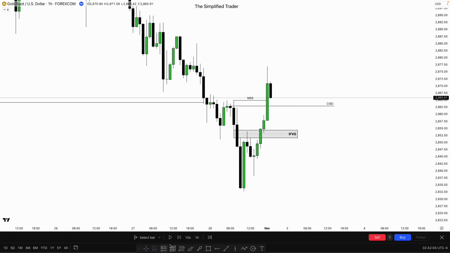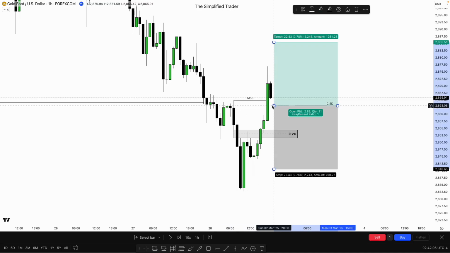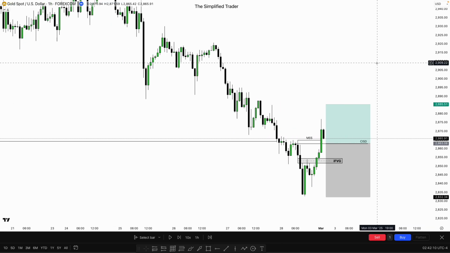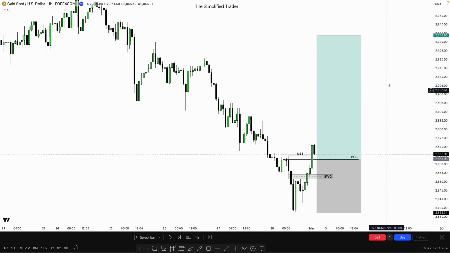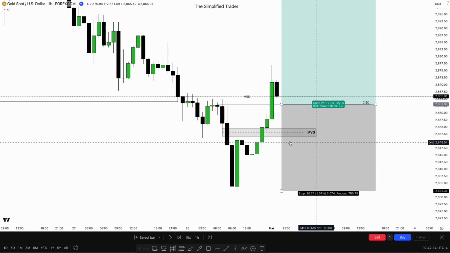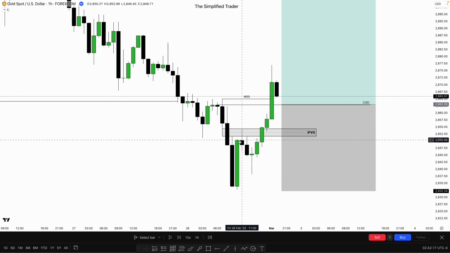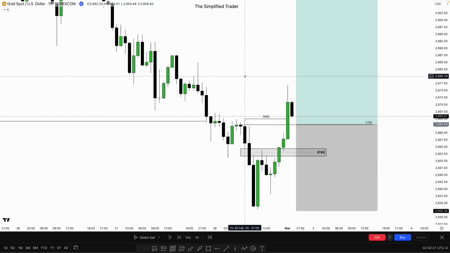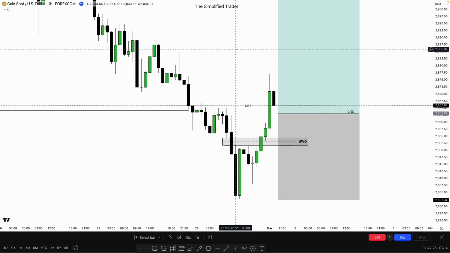Now, I would have taken my entry on the retest of the change in the state of delivery. Remember, we have a couple confluences that are playing ball here with us now. So we do have that change in the state of delivery, and we do have this inverse fair value gap. So we have 2 confluences showing us bullish momentum.